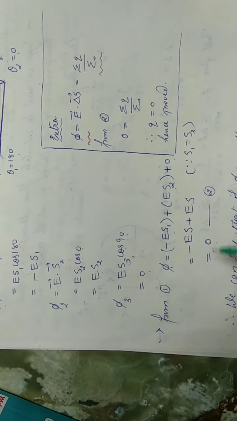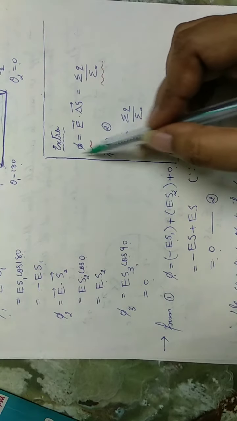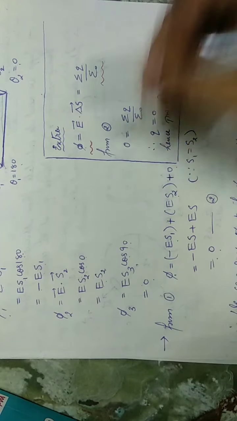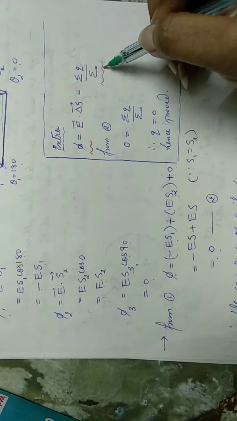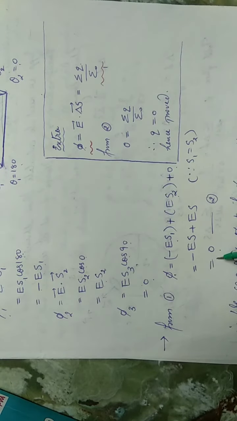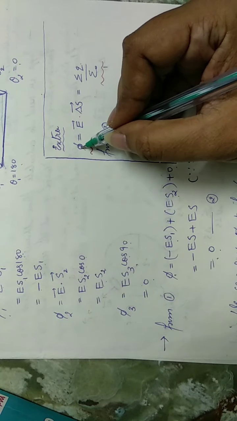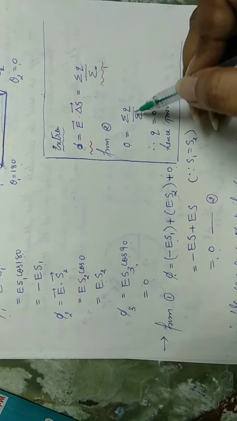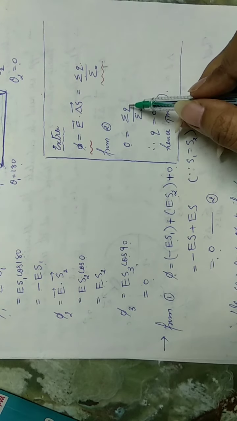How will we prove that? We have this equation of Gauss law. From that we have flux equal to net charge divided by epsilon naught. From here we substitute the value of flux, that is 0. So instead of flux I'm writing 0 and this as it is. Now I want to calculate how much charge is enclosed within the closed surface.